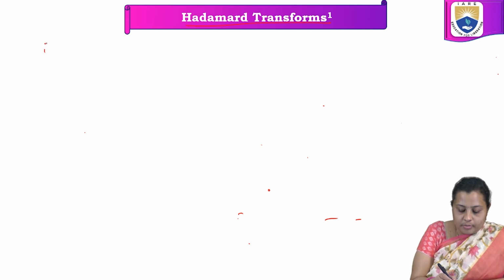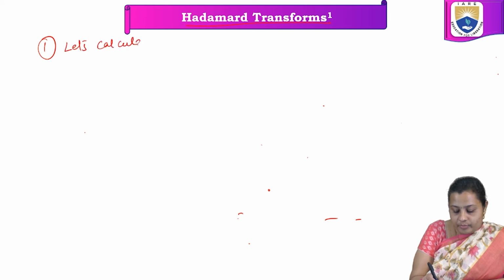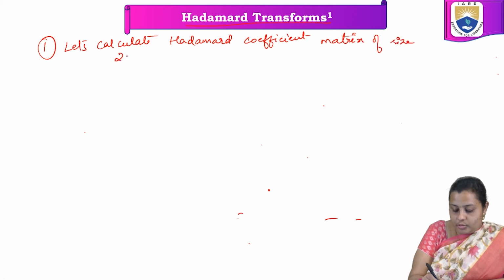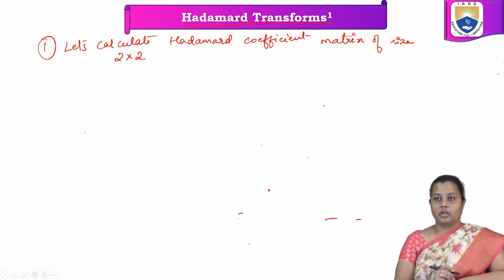Let's do one problem. Let's calculate the Hadamard coefficient matrix of size 2 cross 2, right?